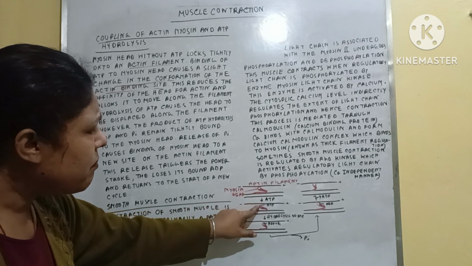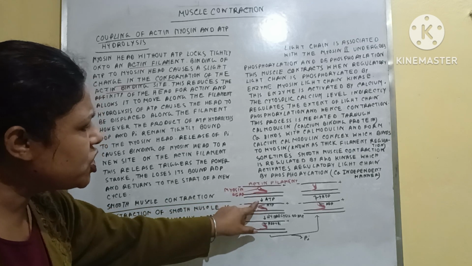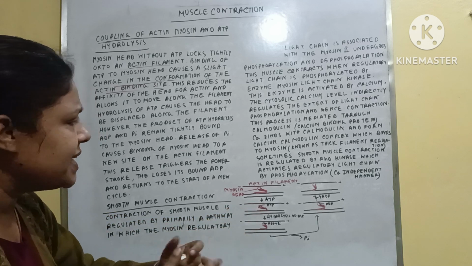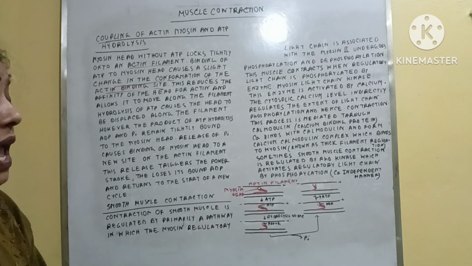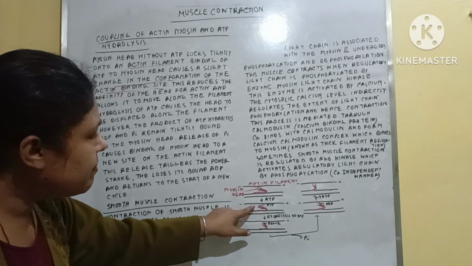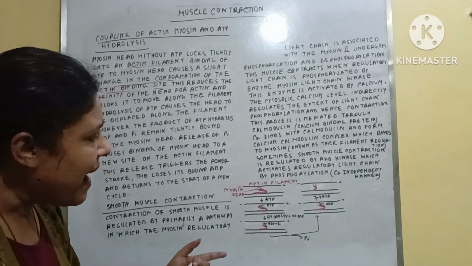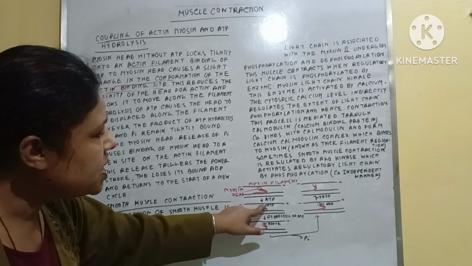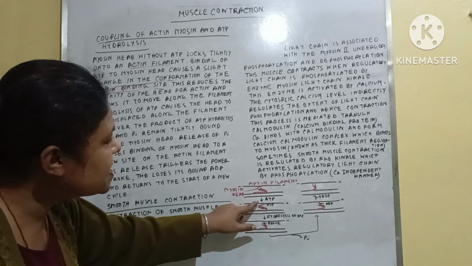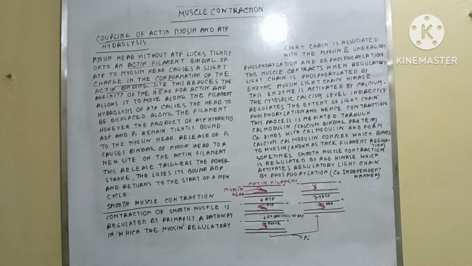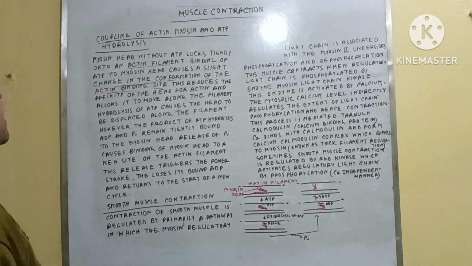Because ATP binds with this myosin head and the conformation of this binding site changes, and that's why the myosin head never binds with this actin filament in the presence of ATP. It dislodges from this actin filament. Clear? So after dislodging, what happened?